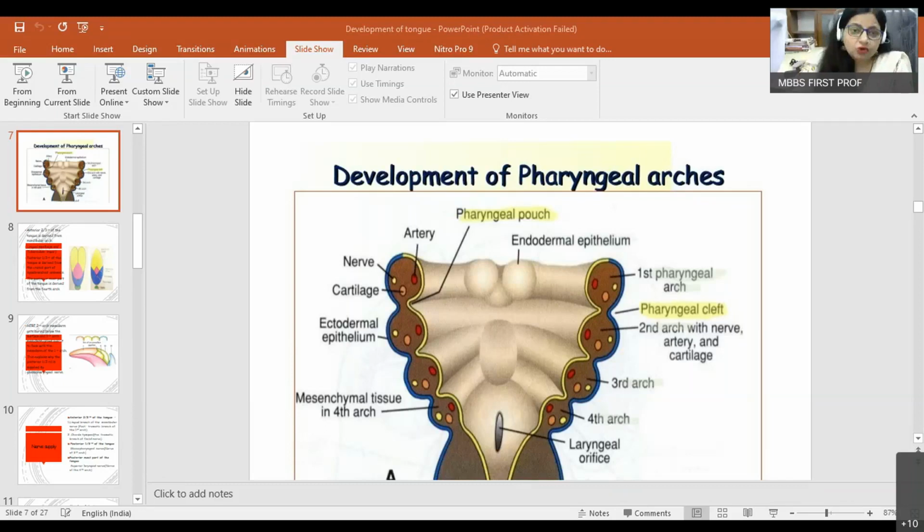They are not able to grow properly, or they are overgrown, leading to the formation of a large tongue, small tongue, bifid tongue, or tongue may be tied to the floor or to the roof of the mouth. That is known as ankyloglossia. Glossia means tongue. So microglossia is a small tongue, macroglossia is large tongue, and bifid tongue is when the two lingual swellings are non-fused. Ankyloglossia may be partial or may be complete. We'll see the pictures.